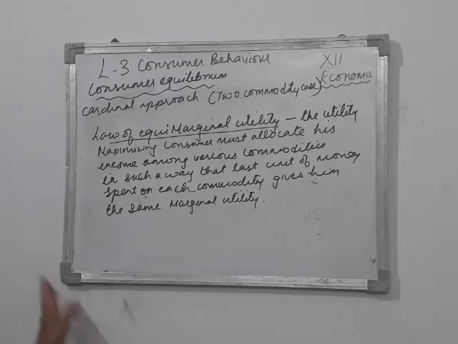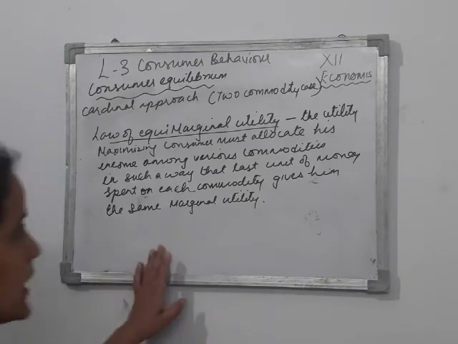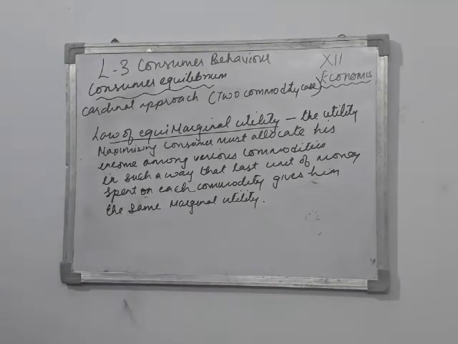Again I'm repeating, the utility maximizing consumer must allocate his income among various commodities in such a way that the last unit of money spent on each commodity gives him the same marginal utility, right? Okay, now further we'll move, then it will become more clear to you when I make you understand it through an example.